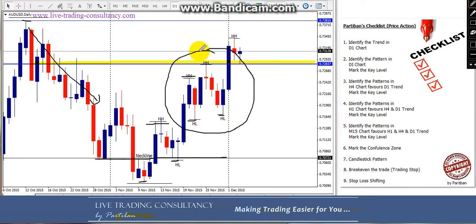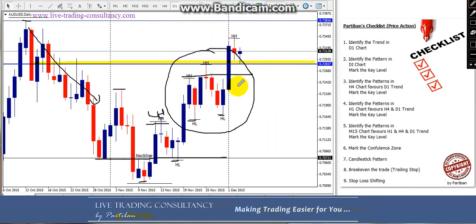I would say this is still a lower high, because this high is lower than this high. So I'll wait for this setup and mark the key level here.